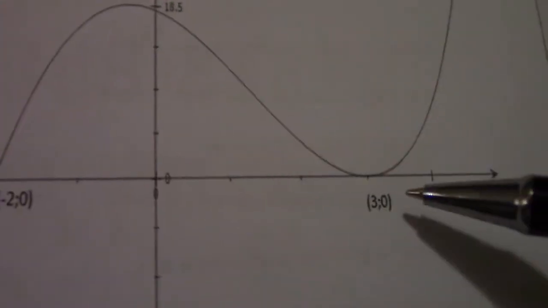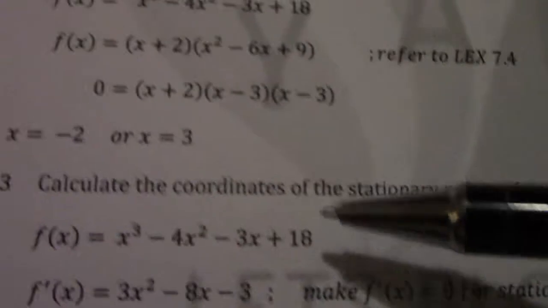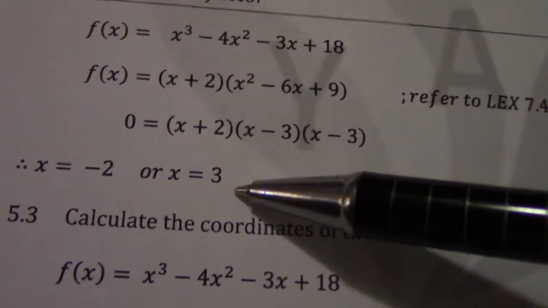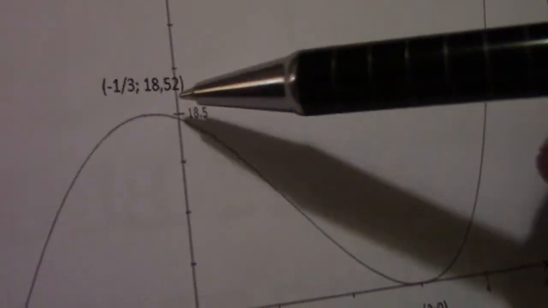So I plot. Remember I have x-intercepts minus 2 and 0, and 3 and 0. There were my two x-intercepts I calculated, minus 2 and 3. Then I have my stationary points, minus 1 over 3 and 18.52, and 3 and 0.